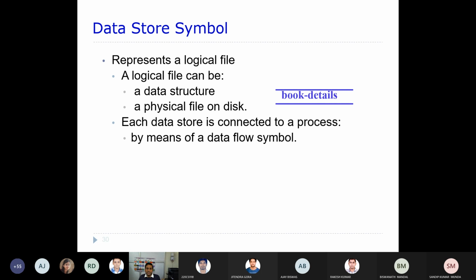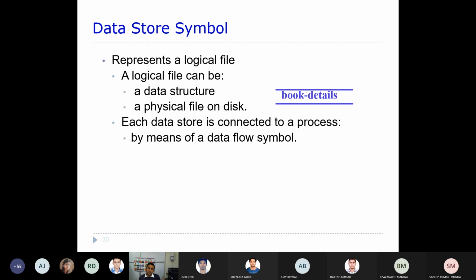What you are saying is book details, so the data store will be represented this way. You have a book details list from which you take the data and give it as an input to the search book method. In technical terminology it is something like a book store, or maybe a database, a logical file.